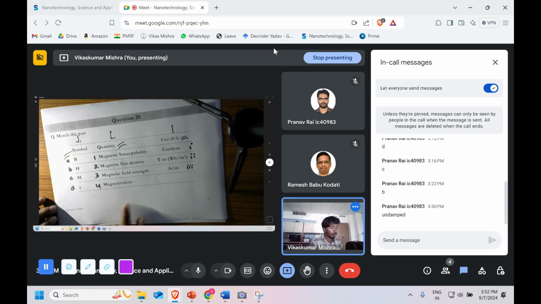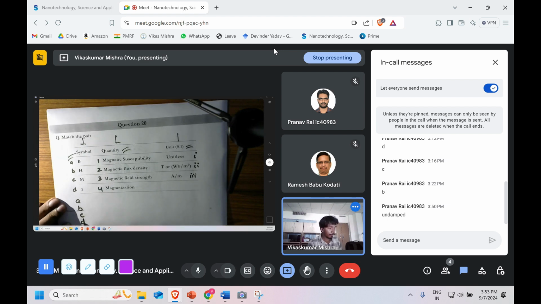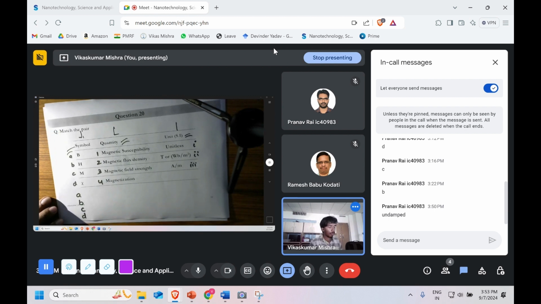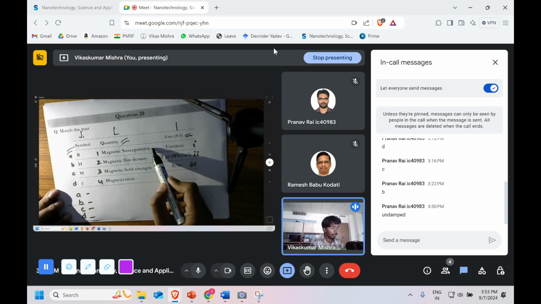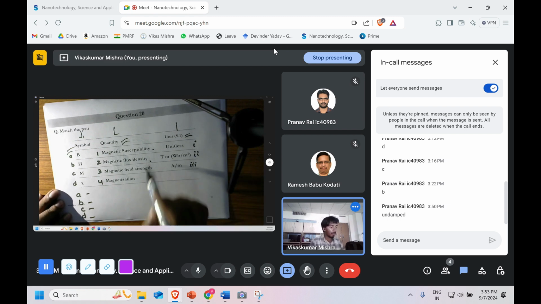So B, what does B represent? So A, B, C, and D. What do you think? What will be the A? Is it magnetic susceptibility, magnetic flux density, magnetic field strength, or magnetization?